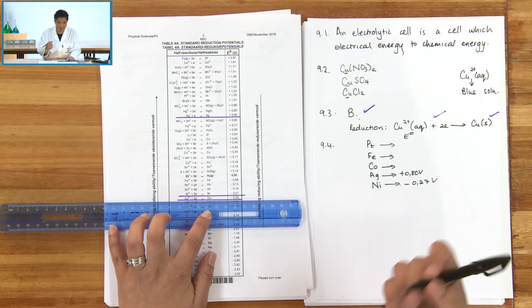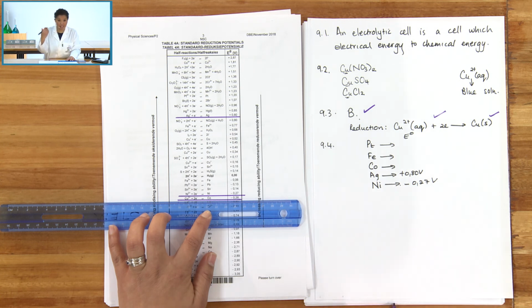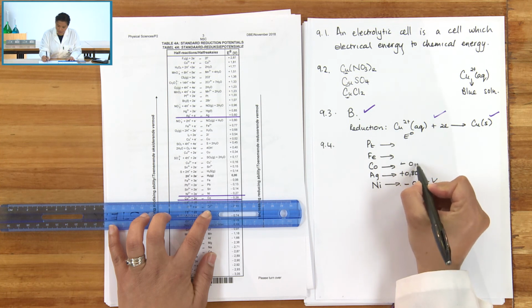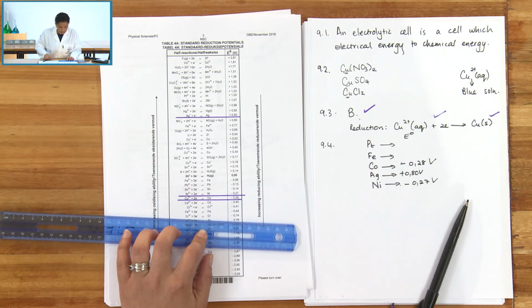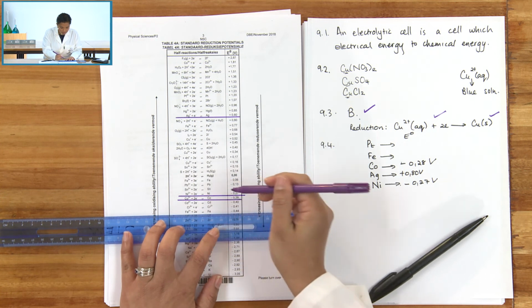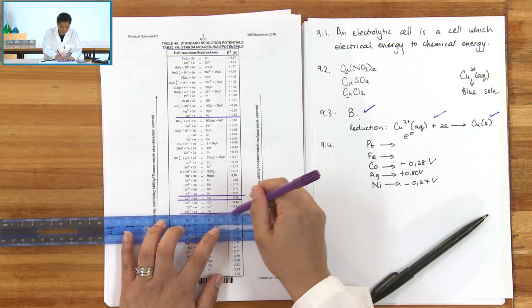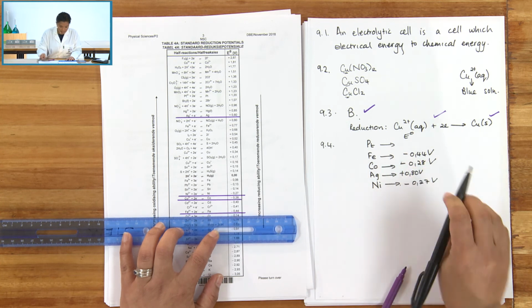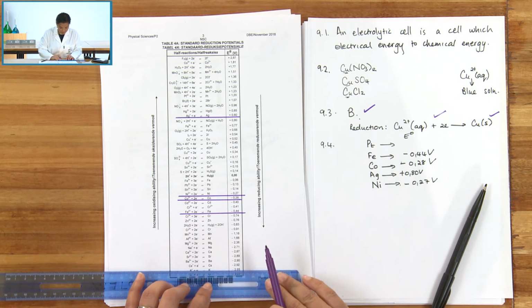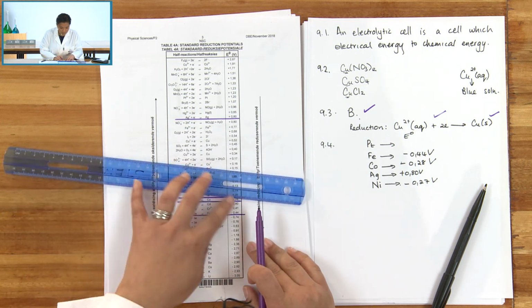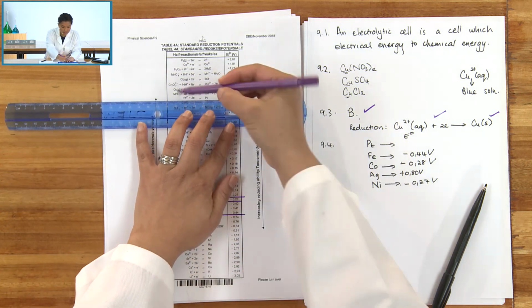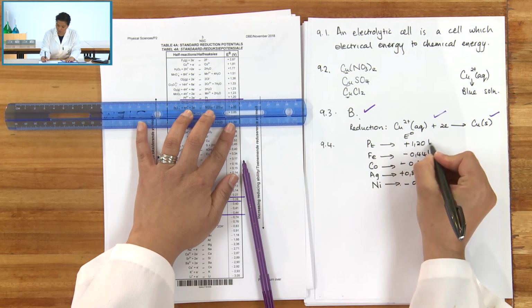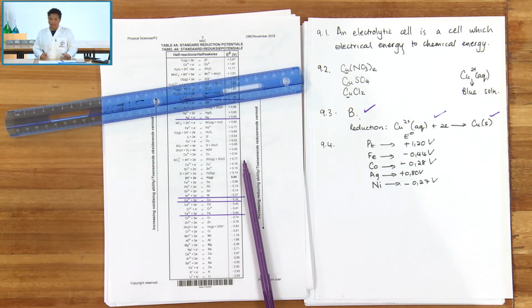Remember, if you're using table 4B, the position might be different, but the E naught values would be the same. So cobalt is negative 0.28 volts. Iron, there we are. Negative 0.44 volts. And we just need to find platinum. Not down there. There it is. Yay. Positive 1.20 volts.